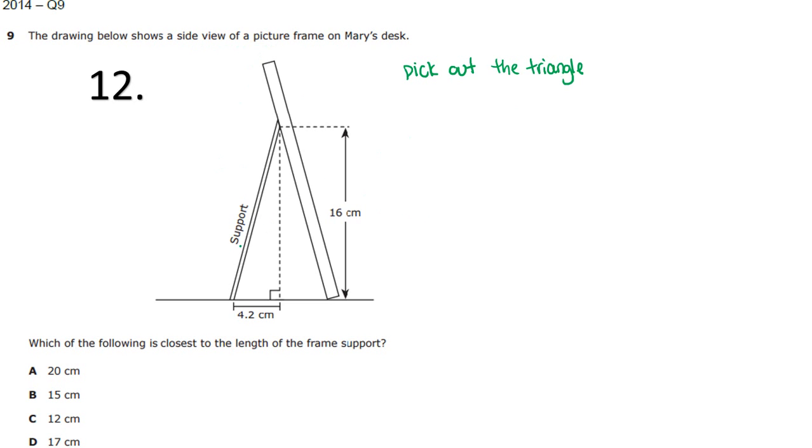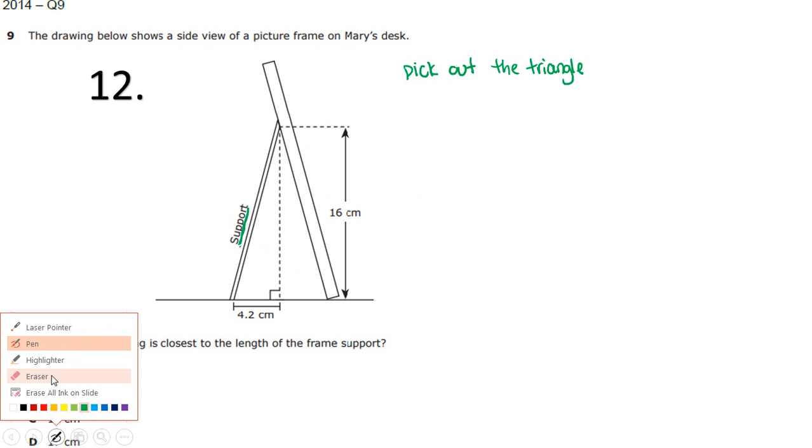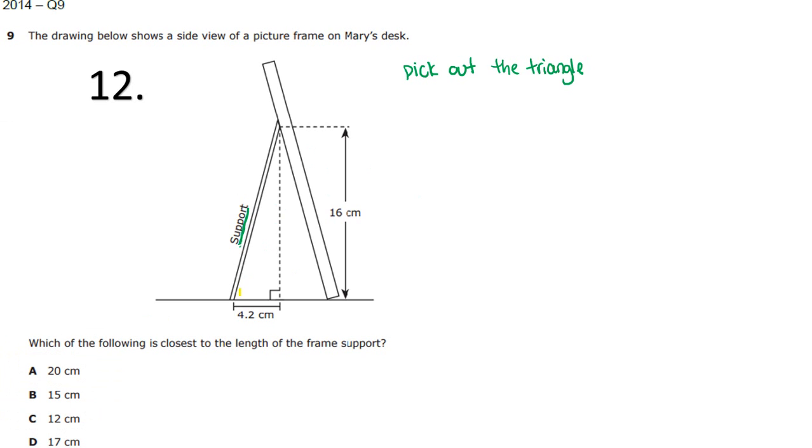So they want this. If you look at it, we actually have several shapes going on. We have a triangle here, but it's really making a rectangle, and then we have a triangle here. I'm going to highlight the only thing that's important, which is this triangle right here. This is the only thing you should be focused on.